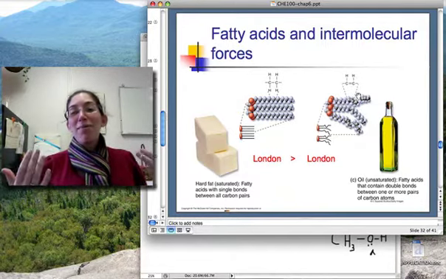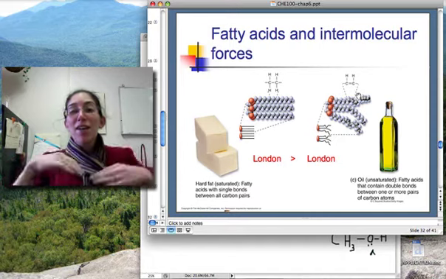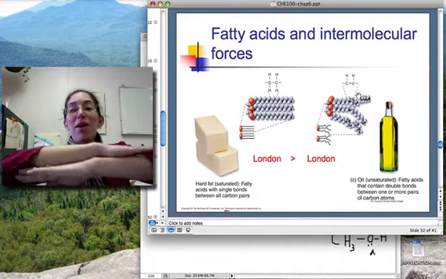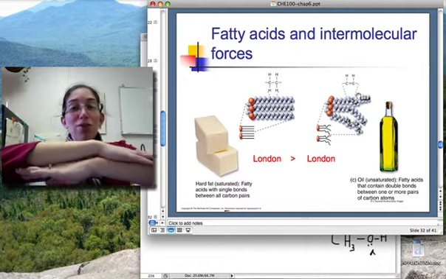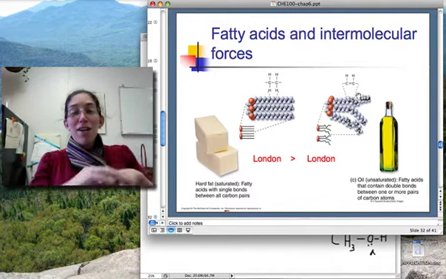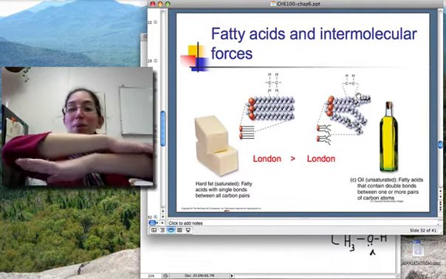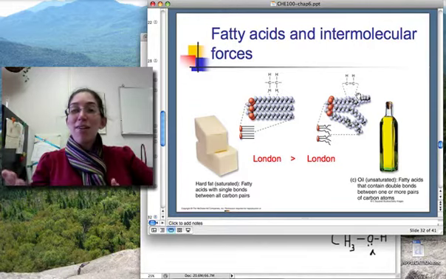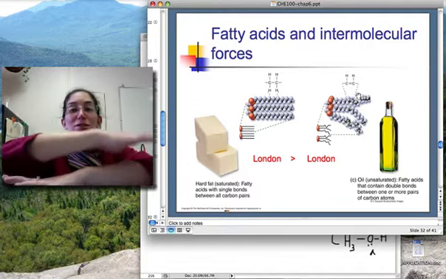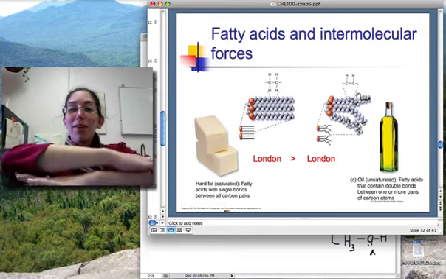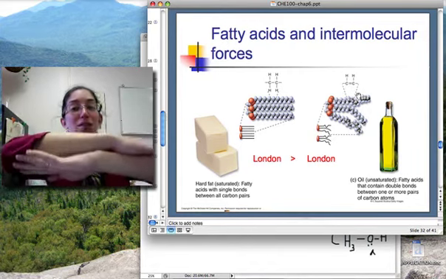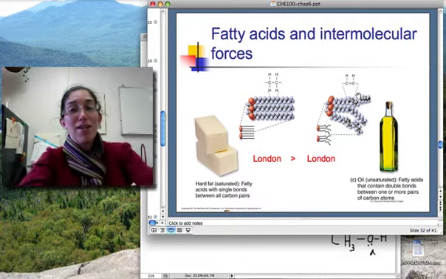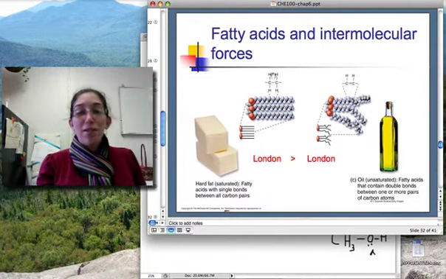When I'm talking about packing tightly together, I'm meaning how well the molecules spoon and how strong the London forces are. It's just like straight chain alkanes versus branched chain alkanes. Straight chains spoon better and therefore engage in stronger London forces, and stronger London forces mean that they can be more solid.